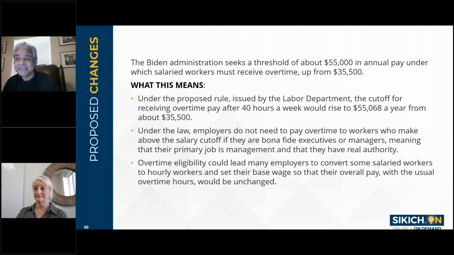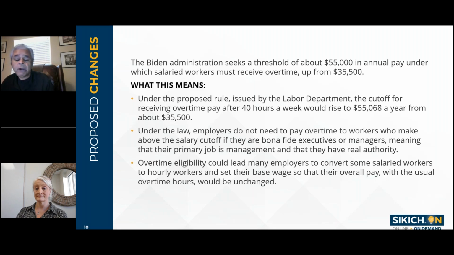Now, there are a lot of consequences to changing this from $35,000 to $55,000 salary. It could lead many employers to convert some salaried workers to hourly workers. Keep in mind that could happen. If they're truly not a bona fide manager, or they're currently slotted as exempt, you would need to change them to non-exempt.